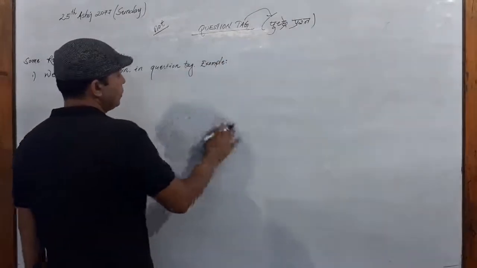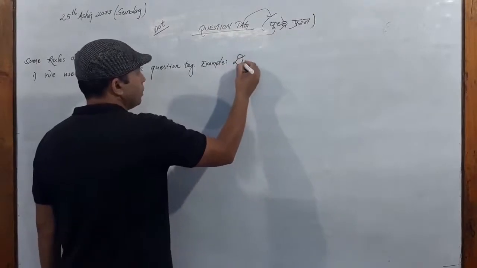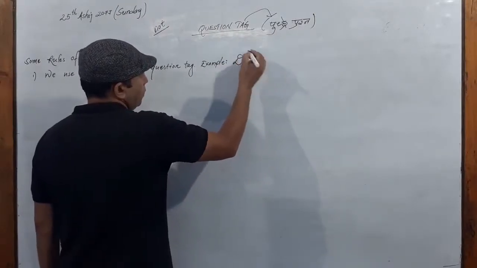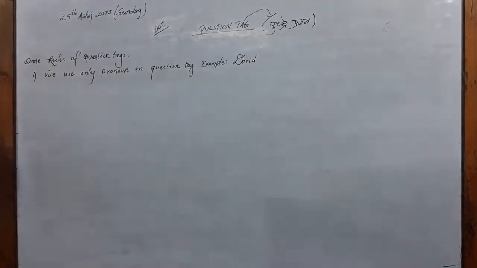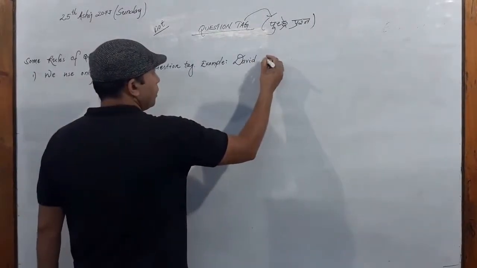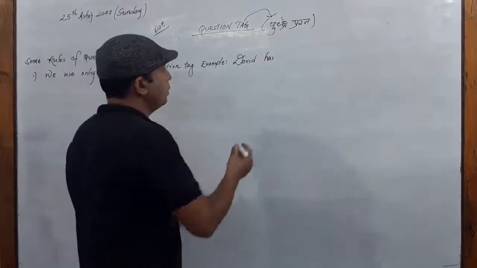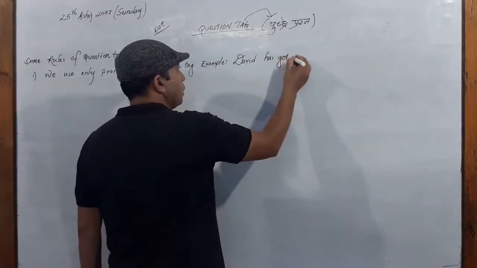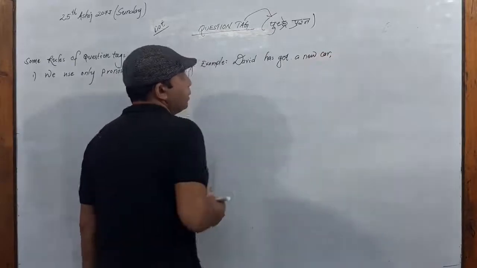For example, I have already written one sentence. Look at another sentence. David has got a new car.